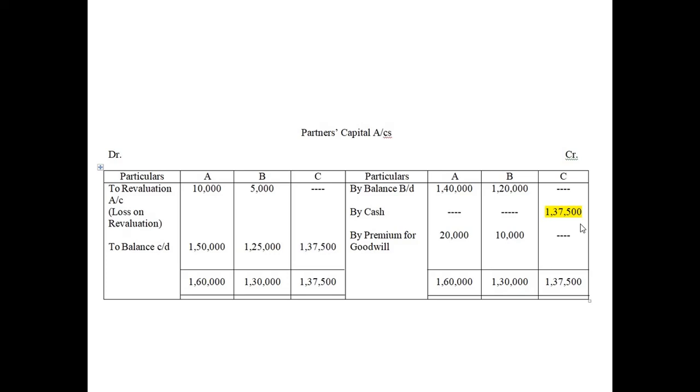So whatever be the adjusted capital of the old partners will represent the two-third portion, because C is coming for one-third share. So the remaining portion is two-third, and the total adjusted capital of the old partners will represent the remaining share.